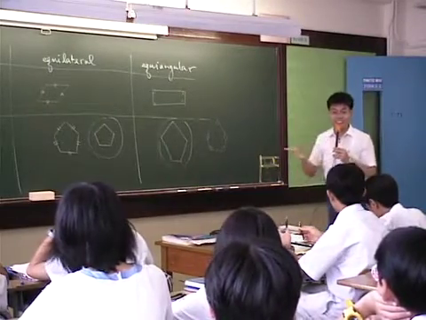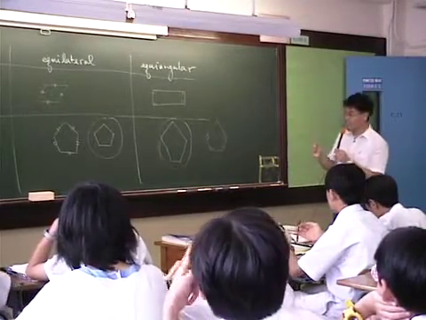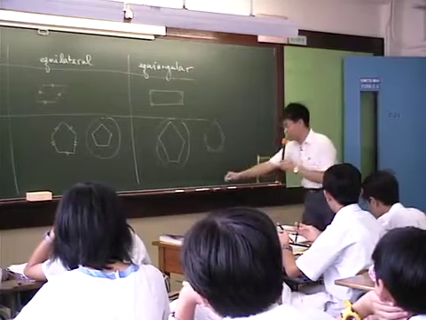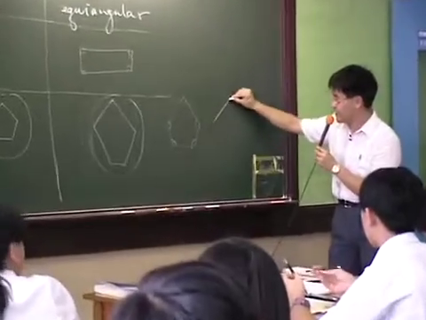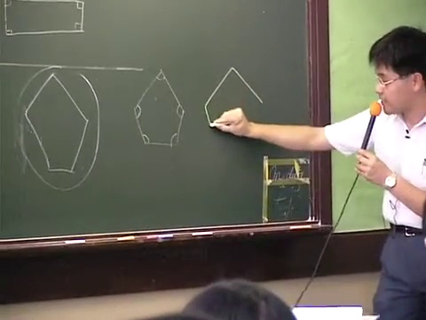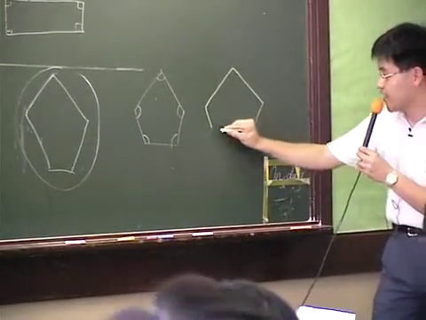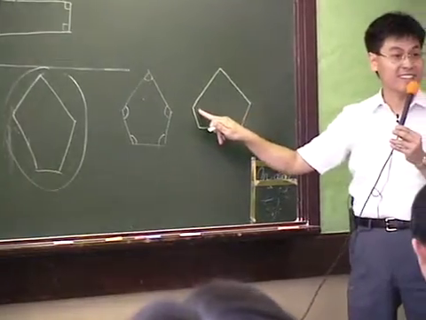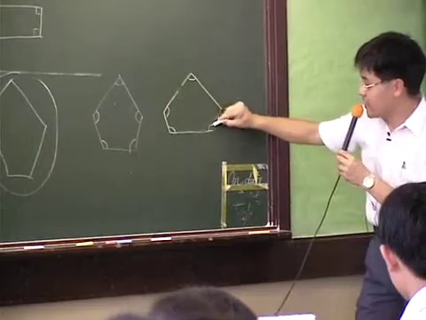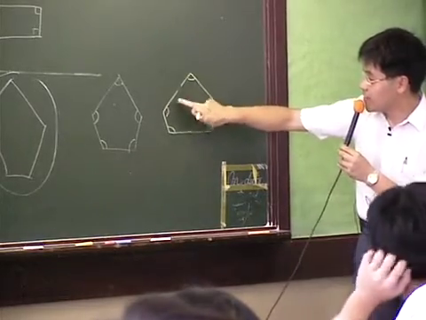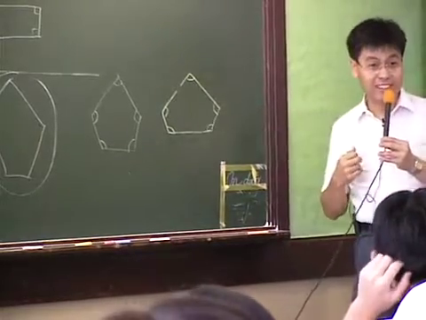A little bit. Okay, I try to draw another one for you. Equiangular, also the same, but these two sides I draw very short. Can you get it? And then I tell you all of these five angles are equal. Okay, how about this one?